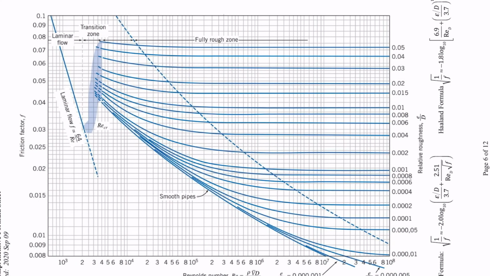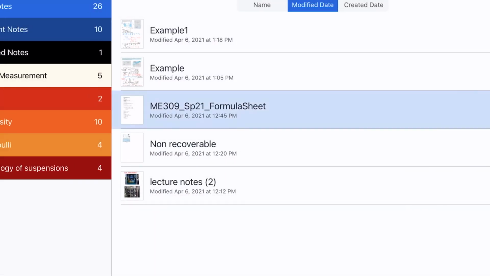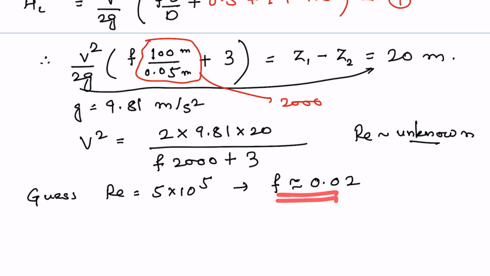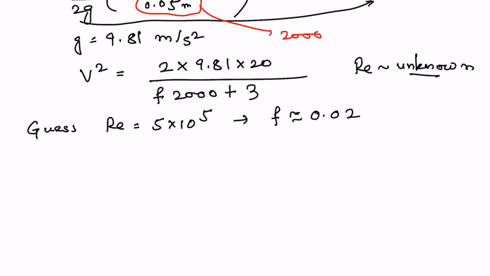If you go to the Moody chart, for a Reynolds number of 5 times 10 power 5 for a smooth pipe, the friction factor is close to 0.02. That's what I will use here. So if you do this, your estimated velocity comes out to be equal to 3.02.